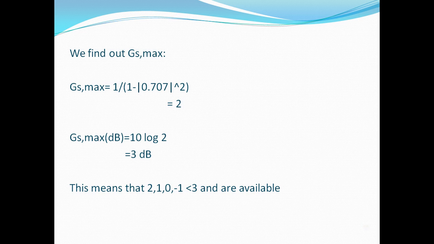If we take a look, we find that 2, 1, 0, and minus 1 are less than the 3 dB, which means that we can draw constant gain circles for these 4 gains.